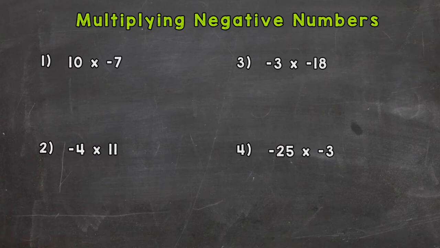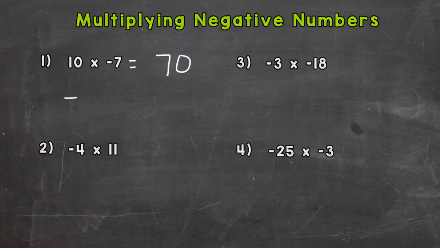So for number 1, we have 10 times negative 7. The first thing we need to do is multiply 10 times 7. And that gives us 70. This is not the final answer though, because we have a negative number involved, that negative 7.